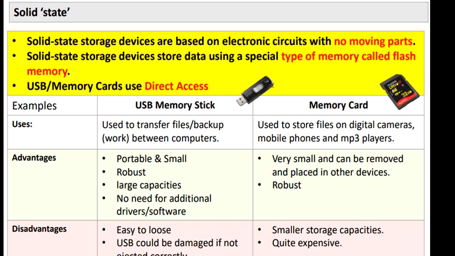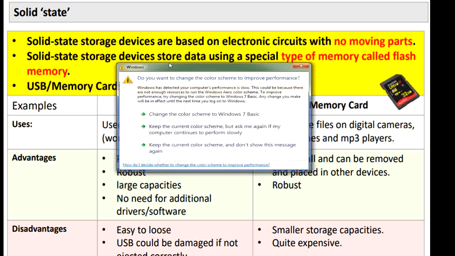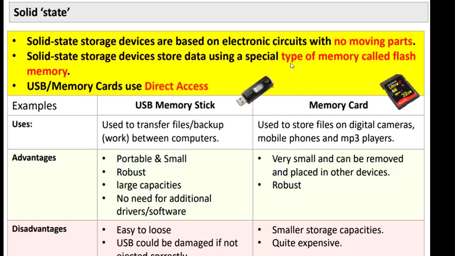Then we're having the SSD or the solid state devices. The solid state devices are storage devices based on electronic circuits with no moving parts. Solid state storage devices store data using a special type of memory called flash memory.